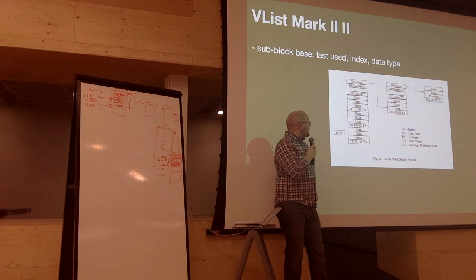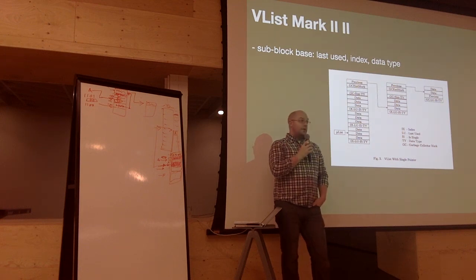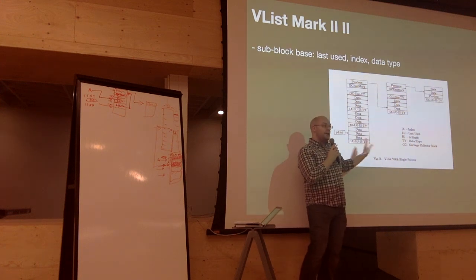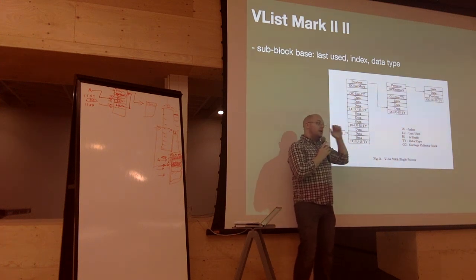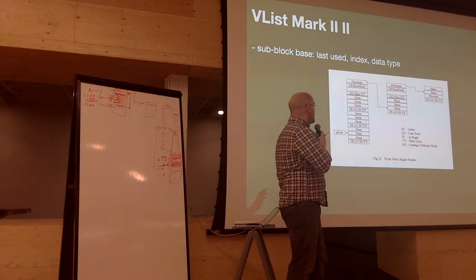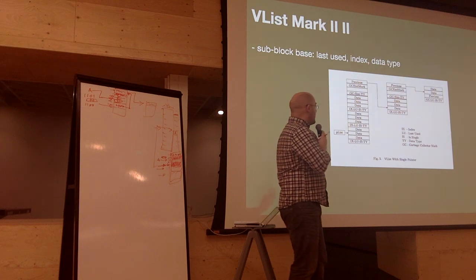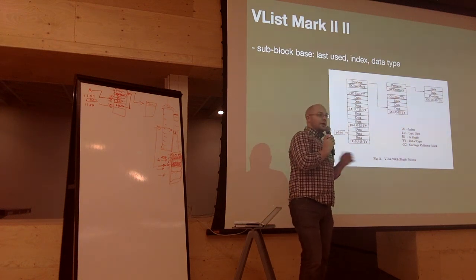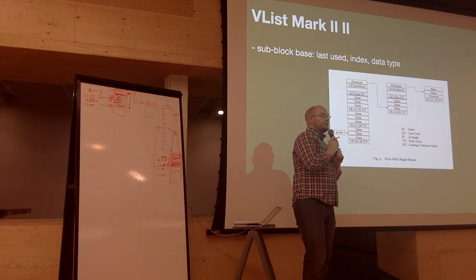Okay, so the other answer to the power of 2 question, why power of 2? One is to get this log n performance for things like garbage collection. But another is to get log n performance for traversing, for random access into the list. I said that wrong.